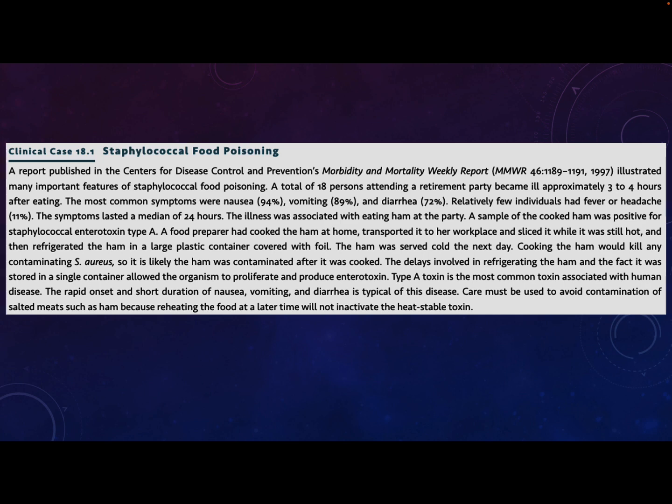When you're talking about food-borne infection, if you have symptoms about 3 to 4 hours after eating, it is almost certainly what we call an intoxication versus an infection. You have consumed a toxin that made you sick. It takes too long for the bacteria to grow and replicate.